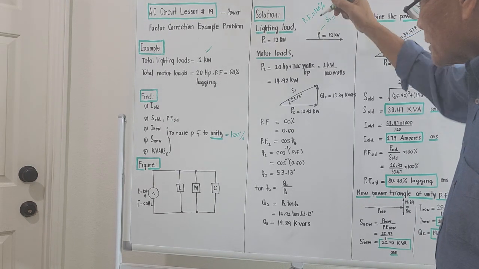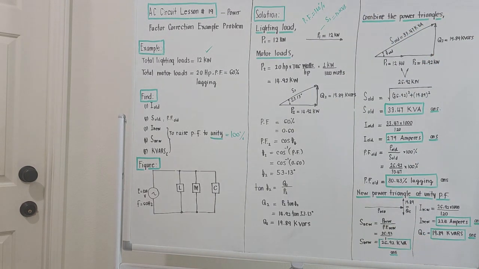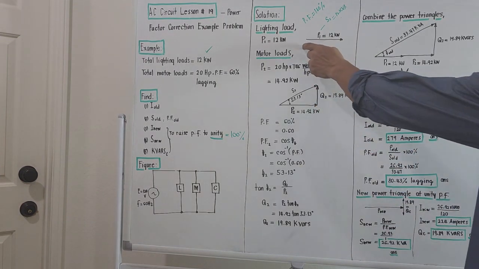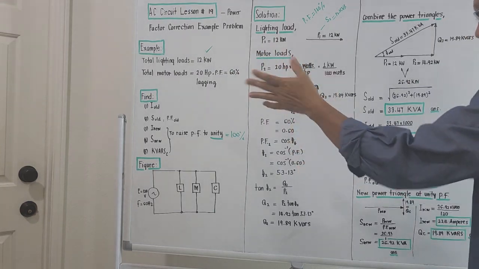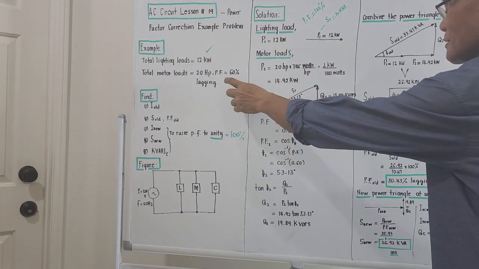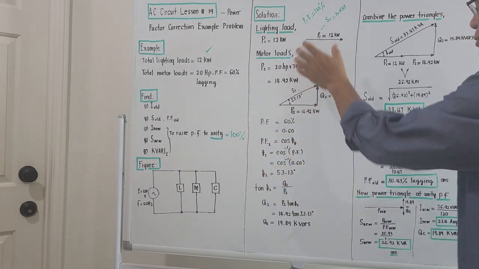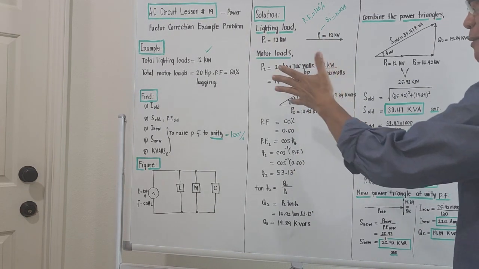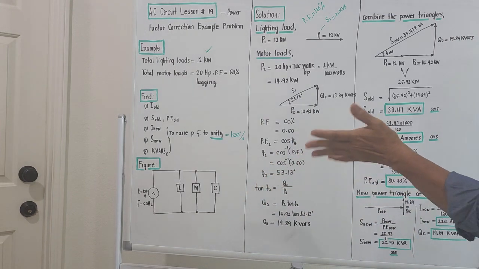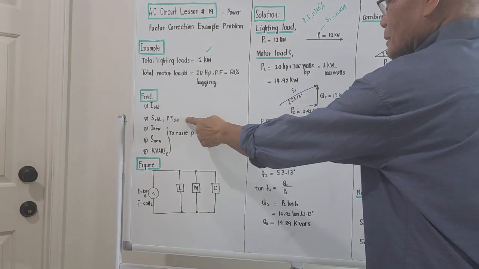So it seems the lighting load has a power factor of 100%. And for the motor loads, what is given is the power factor of 60%. So this is 100% and this is 60%. And one of the requirements is that the problem is asking for the old power factor.